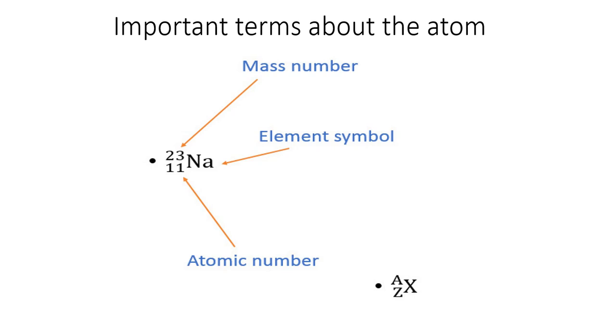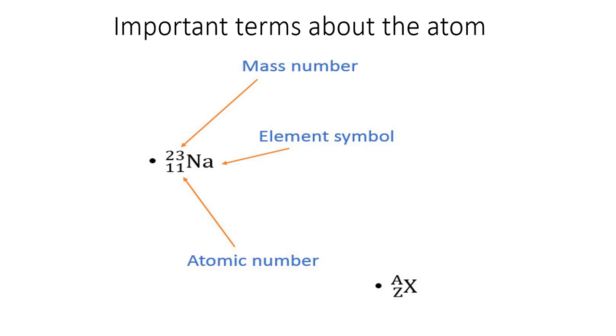So sometimes I am going to ask you to present an atom in terms of a symbol, and also to take note that an atom is an element. So it has an element symbol. Then it has what we call a mass number that we are going to define, and then what we call the atomic number.